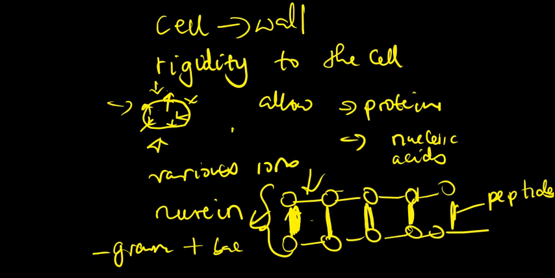So that's why it's important to know what that bacteria consists of, because if you create a drug that destroys the cell wall, meanwhile that bacteria is gram-negative, it means that drug won't work. Okay, so that's why we had to go through this lesson. Thank you so much. I hope you enjoyed the class.